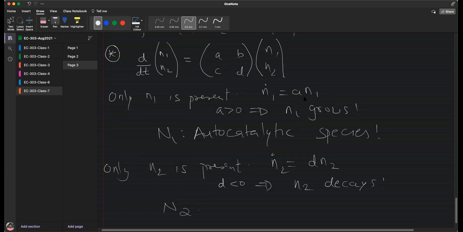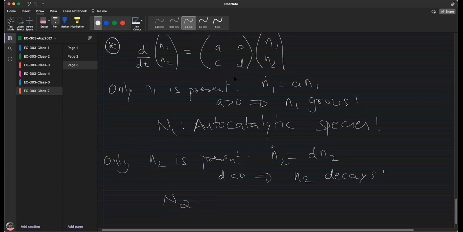So that perturbation grows, but N2 dot is C N1. Depending on the sign of C, N2 will also increase or decrease. And the moment that happens, all four terms become important. Then the perturbation eventually decays, because that's what we started off with, right? But I'm just telling you that only the initial growth is what we're talking about.